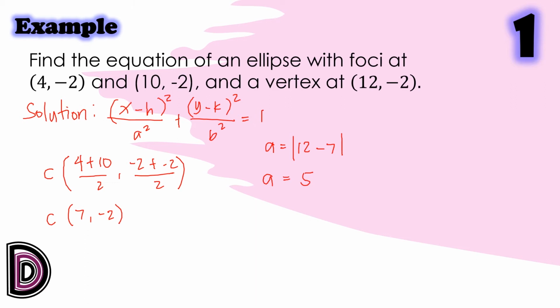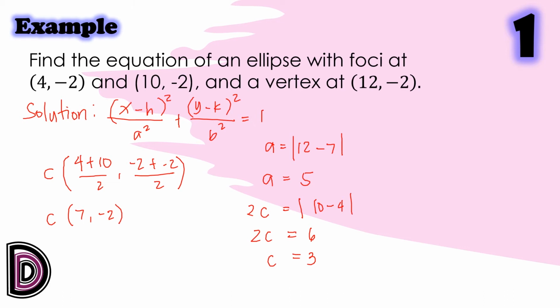The distance between the foci is equal to 2c, and that is equal to the absolute value of 10 minus 4, since we have the same y-coordinates. So 2c is equal to 6. Dividing both sides by 2, we have c is equal to 3.